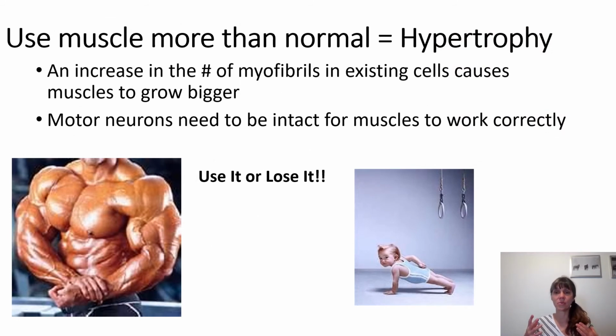When muscle is used more often than what we would consider normal for that individual, we may see hypertrophy. Hypertrophy can occur not just because a person is using his muscles more. There are ways to artificially make muscles grow bigger, which include the use of growth hormones and anabolic steroids.